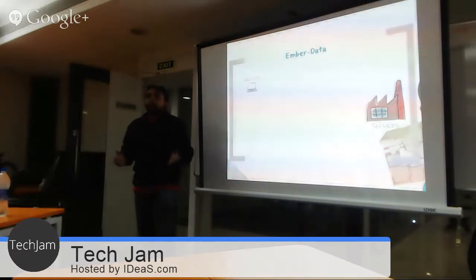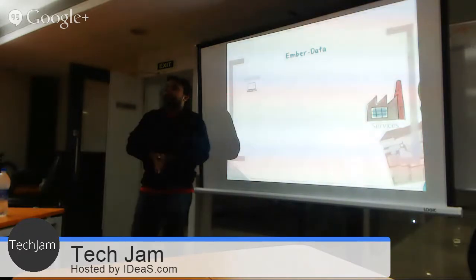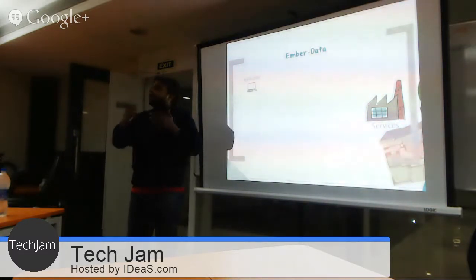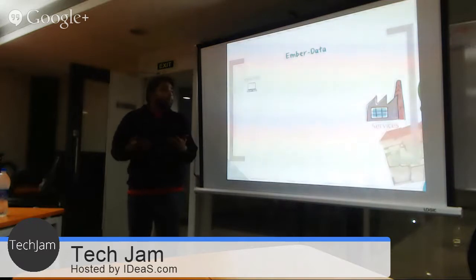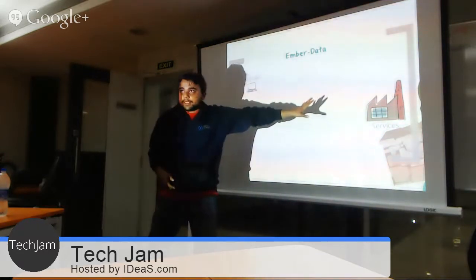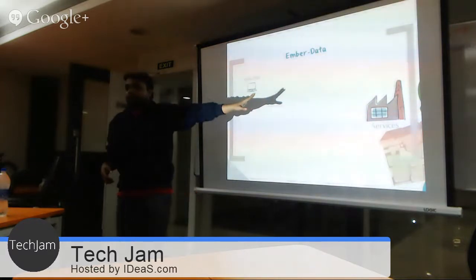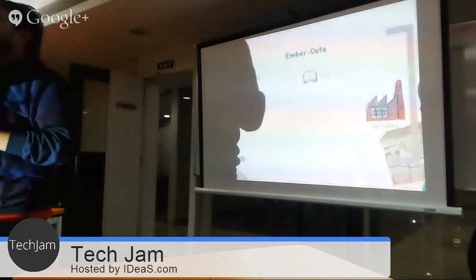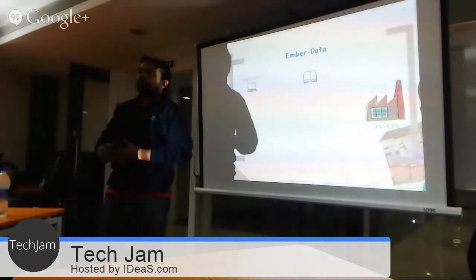Now, let's understand the architecture of Ember-Data. As I said, Ember-Data is a data persistence framework. What does it mean? It persists data. So, you have an application and you have services. Ember-Data defines something called a store. What's a store?